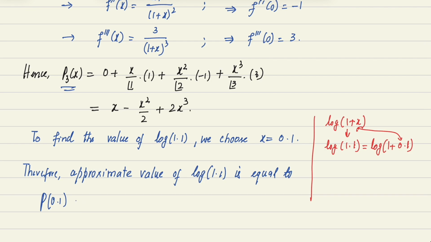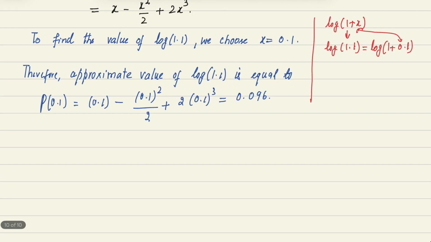So therefore we obtain this is equal to 0.1 minus 0.1 whole square divided by 2 plus 2 into 0.1 whole cube. Now using the calculator we can see this is equal to 0.096.